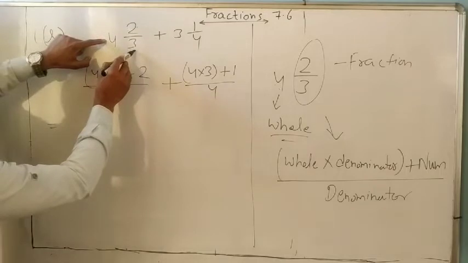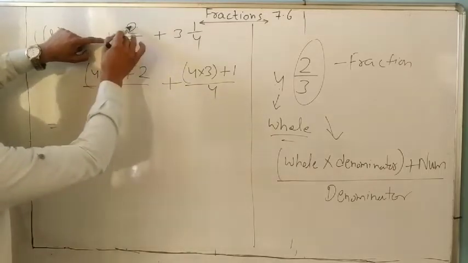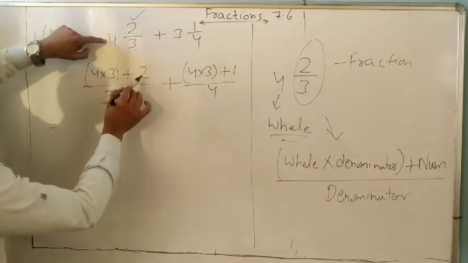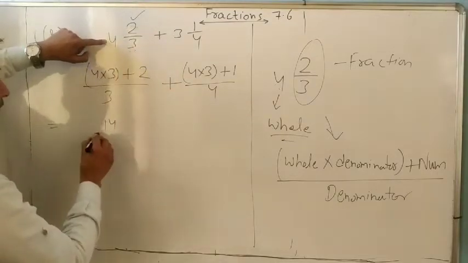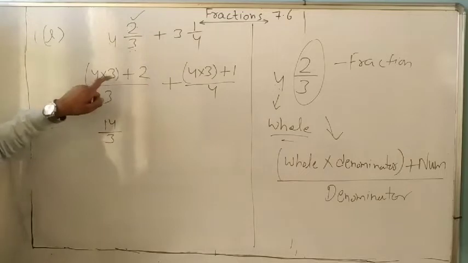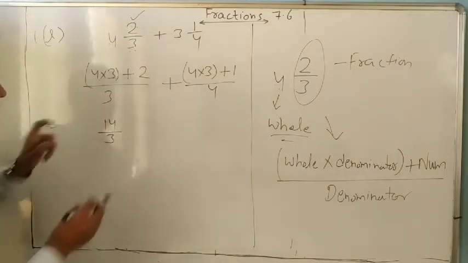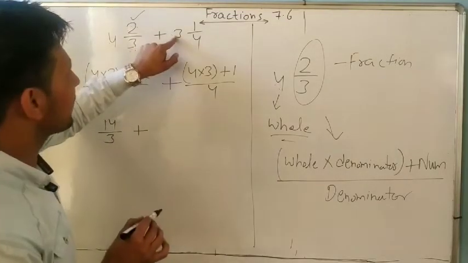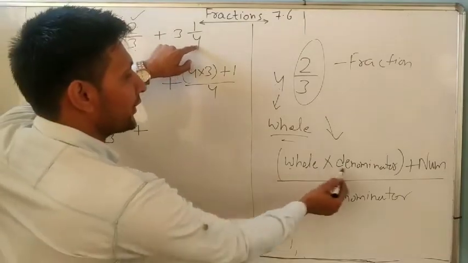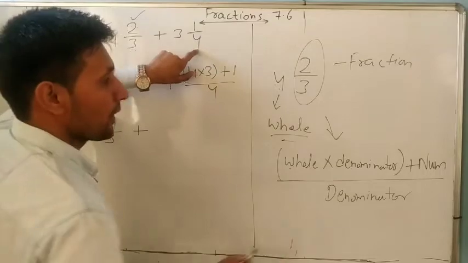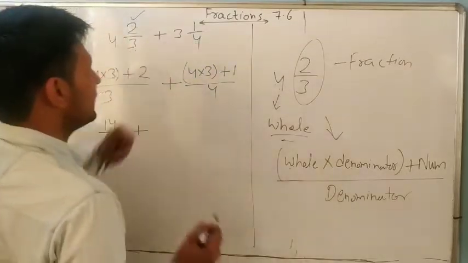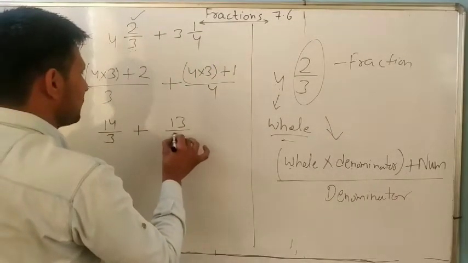Same for the other: whole into denominator, 3 into 4 is 12, plus numerator 1, so 13 upon 4.